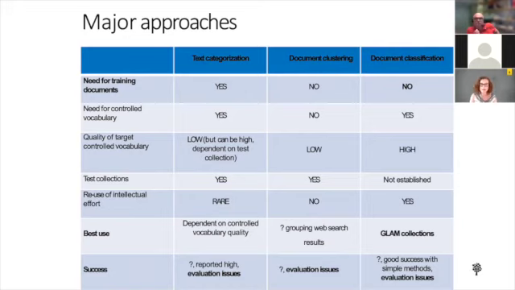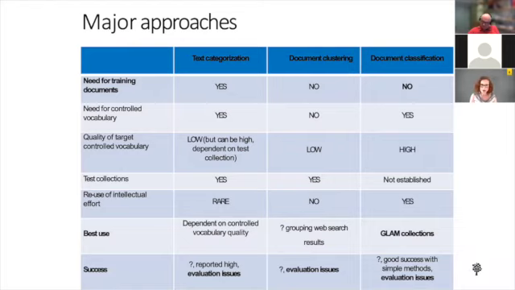Another problem with text categorization is, although it's a highly researched approach, the way it's being evaluated is on established test collections conducted outside of context, and it has also been shown that even small variations in these test collections result in very different results, or different enough.